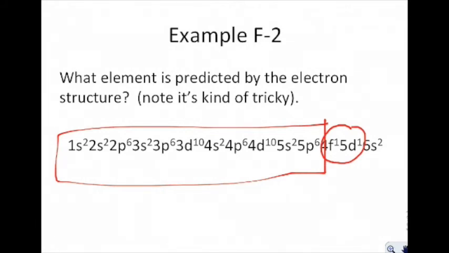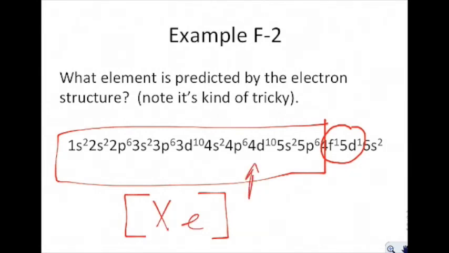Let's pull up our periodic table real quick. You could say it is, I think it's xenon, right? I don't have my periodic table with me. I think it's xenon, but check that.